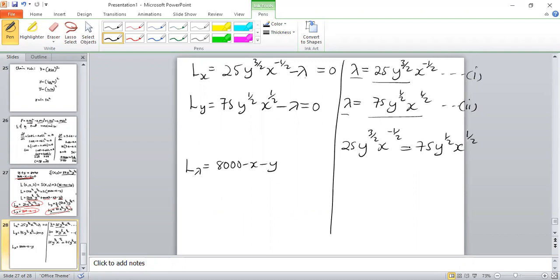Now we need to make one variable the subject of the formula, either x or y.